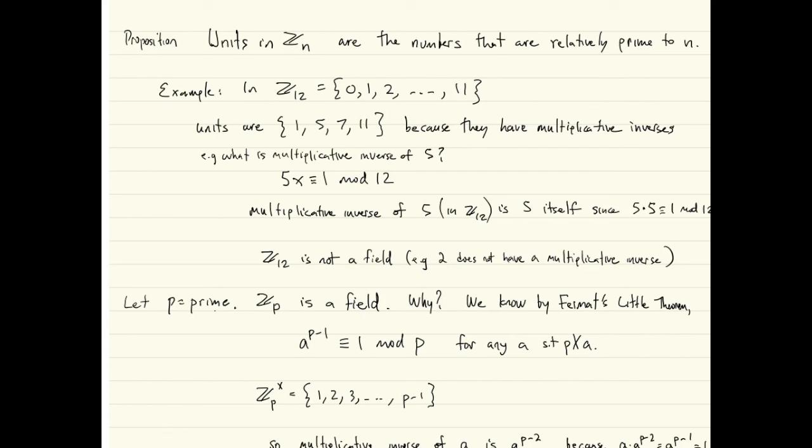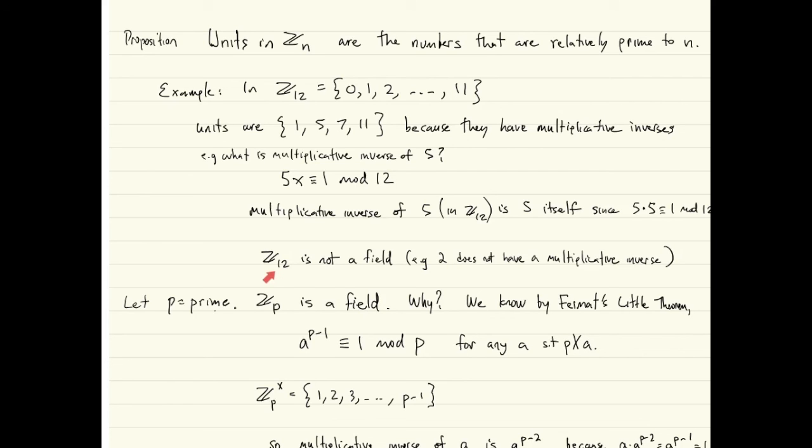You can just naively go through the elements and check, and you'll see that 5 is its own multiplicative inverse. Namely, 5 times 5 is 25, which is 1 more than 24, and 24 is a multiple of 12. So 5 does have a multiplicative inverse in this ring. It does not have a multiplicative inverse in the ring of integers, but in the integers mod 12, 5 does have a multiplicative inverse.